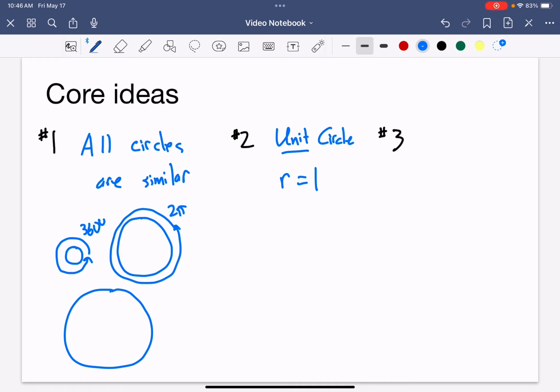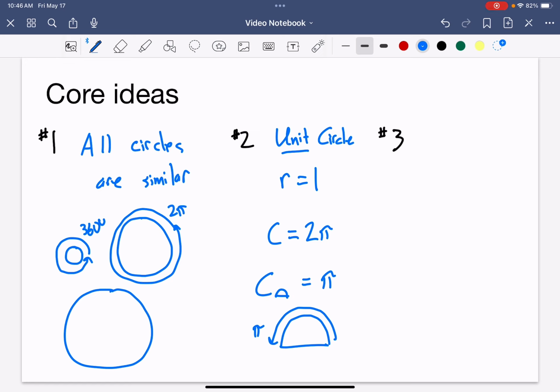As a result, our circumference is going to be 2 pi for the whole circle. And the circumference of just the semicircle is going to equal pi. So if we take half of a circle, the length of this is pi units, and that comes from the fact that our radius is 1.